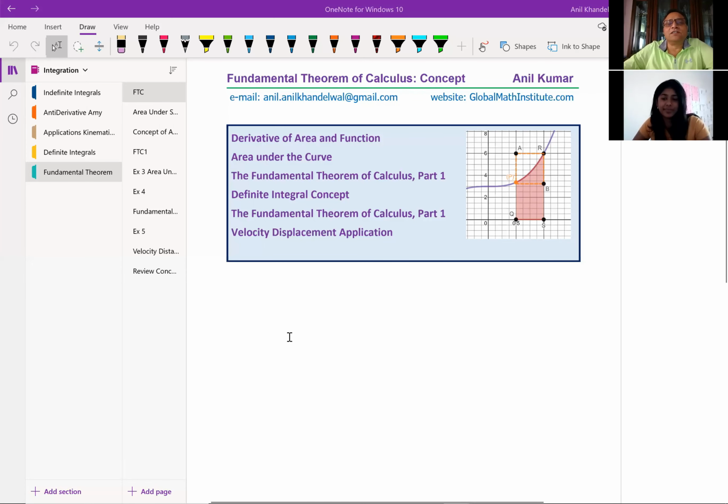We are going to discuss these topics: derivatives of area and functions, area under the curve, fundamental theorem of calculus part 1, definite integral concept, fundamental theorem of calculus part 2, and we'll take up velocity displacement applications. Correct? Sounds good?